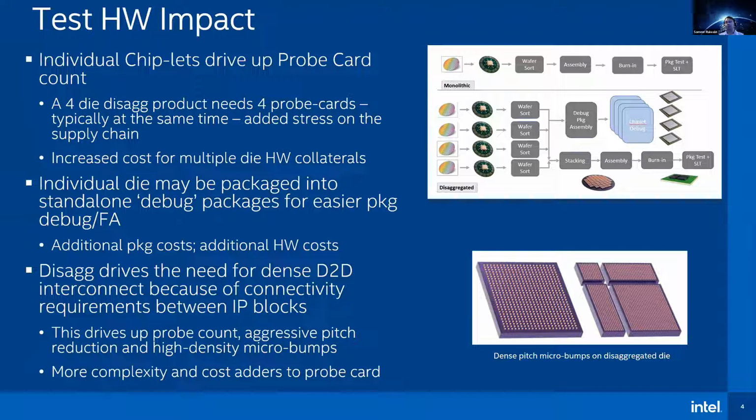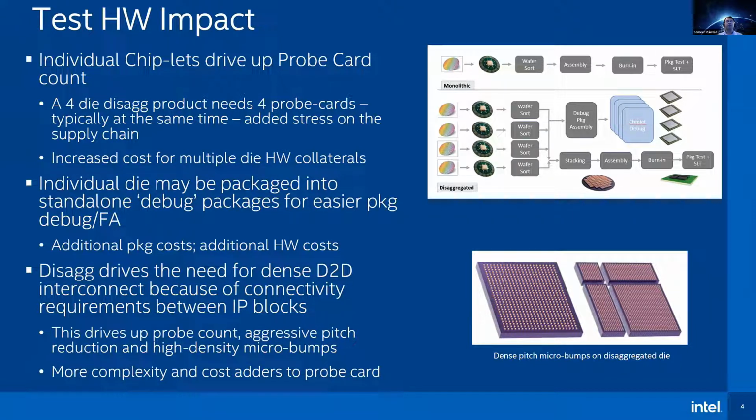Now, this puts another burden, another aspect of test cost that's not normally considered. So we have additional substrates, additional packages that need to be designed and manufactured, new collaterals because these are different form factors typically than the final product. So all of this drives additional cost in the test space that needs to be accounted for.